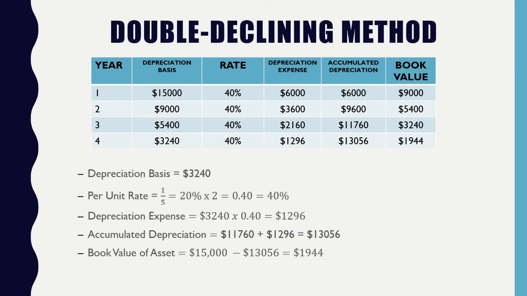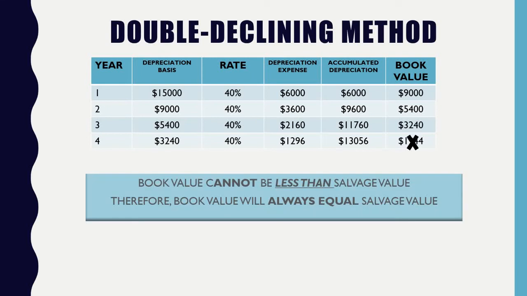Now, here is something that you want to also notice: notice here on year 4, my book value is 1,944. We already said that no, that cannot happen because this fell below salvage value. My salvage value was 2,500.